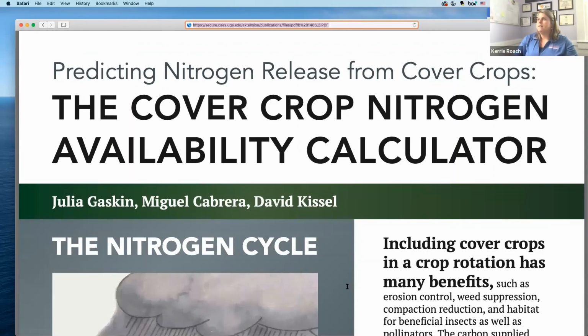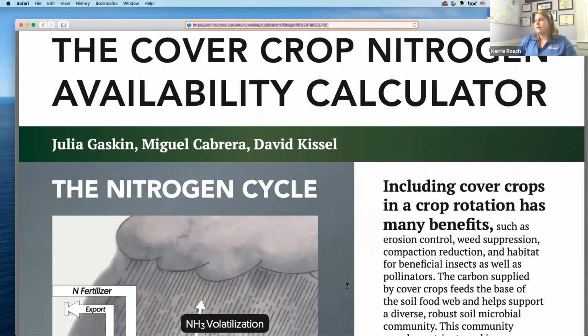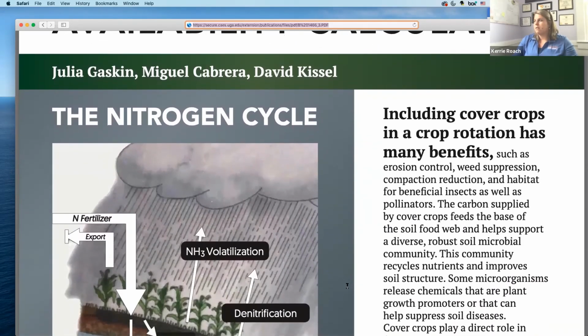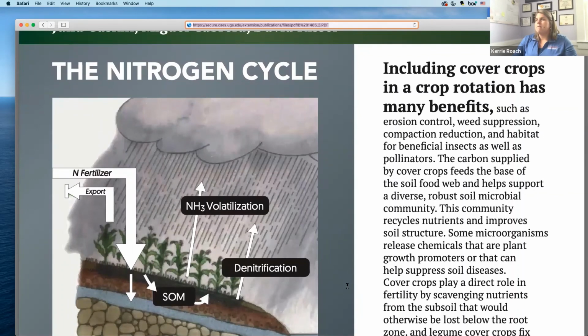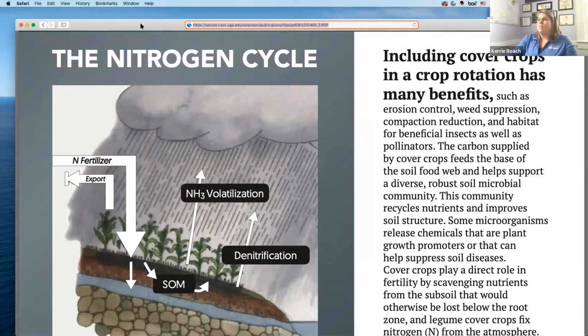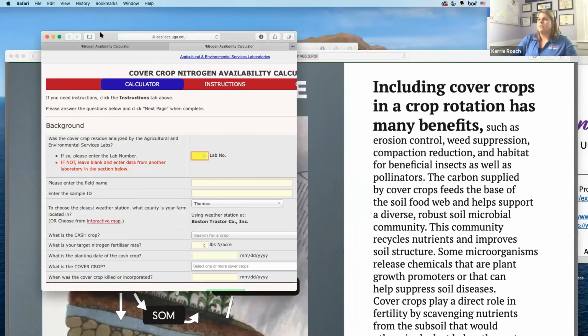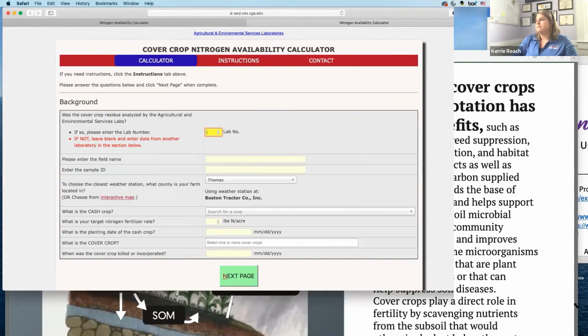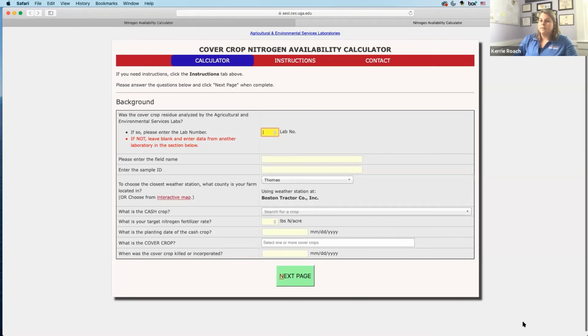And so this is the actual PDF that talks about the nitrogen cycle, why we use cover crops, why it's so important. And then we move to the actual cover crop calculator. So if you're not using cover crops, you should be.